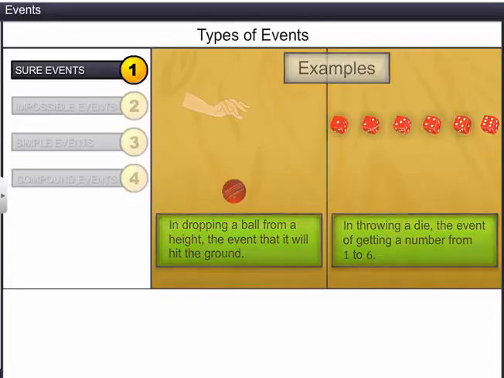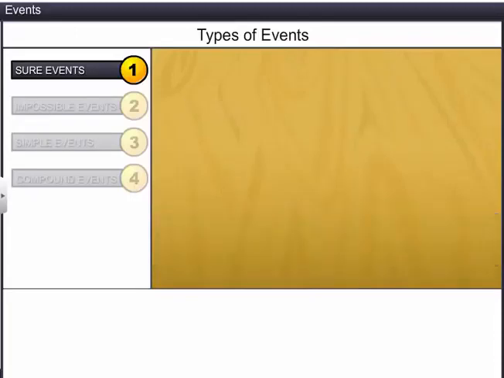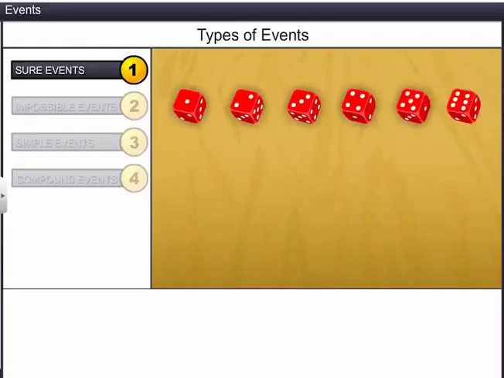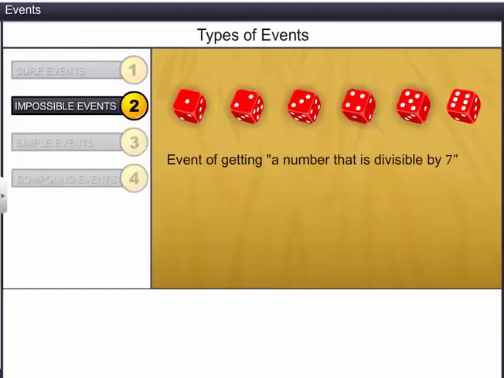In an experiment, a die is thrown. In this case, the event of getting a number that is divisible by 7 is not possible. Such events are called impossible events. In fact, the event null set of a sample space will never happen.